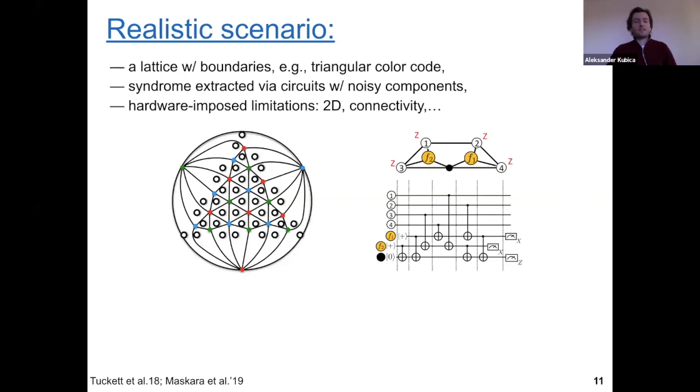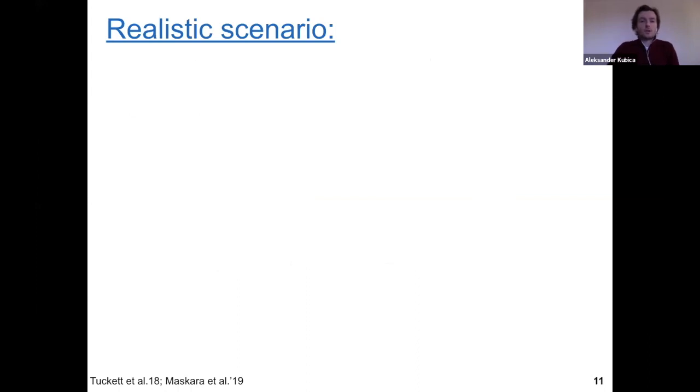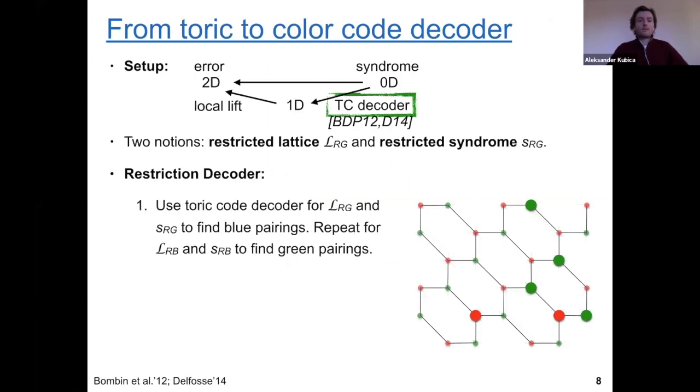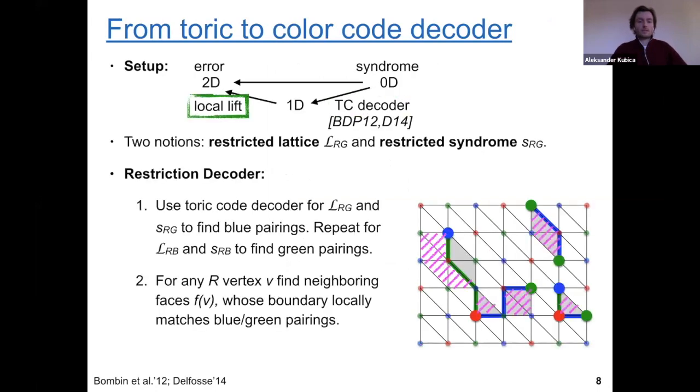Yeah, that's a nice question. So the runtime of the decoder, let's see. We would need to use the toric code decoder in 2 dimensions twice. So this is the bottleneck of the runtime of the decoder, because the second step of the restriction decoder, which is the local lifting procedure, can be done for each and every red vertex of the lattice in parallel.